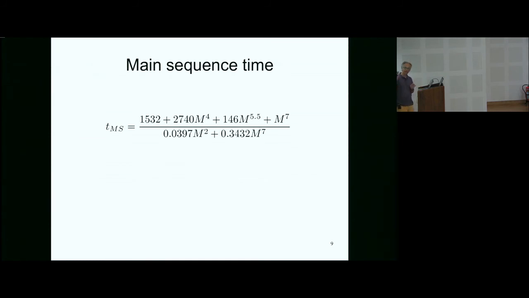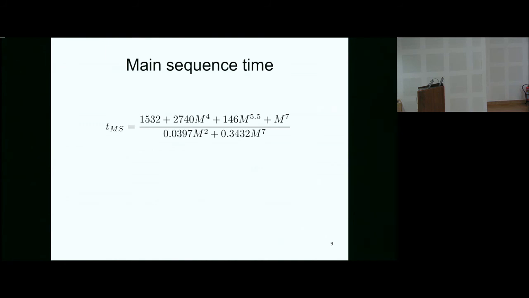This is a complicated formula, but essentially what you should remember is one scaling that I'll write here: the time on the main sequence is more or less proportional to the mass of the star to the power of -2. For one solar mass, it's about 10 giga-years times M solar over M squared.